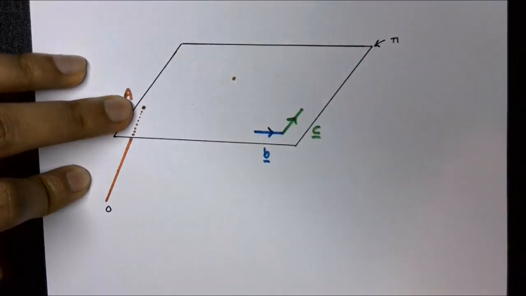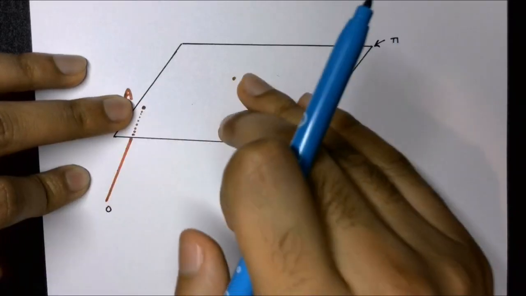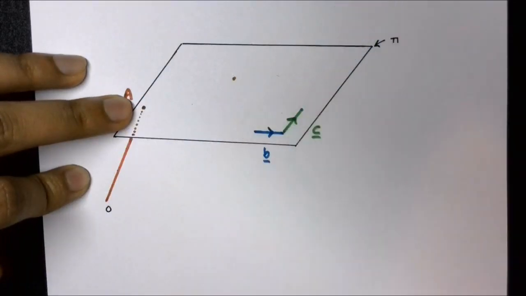And hopefully you can see we go some multiple of b here and some multiple of c to get to here.